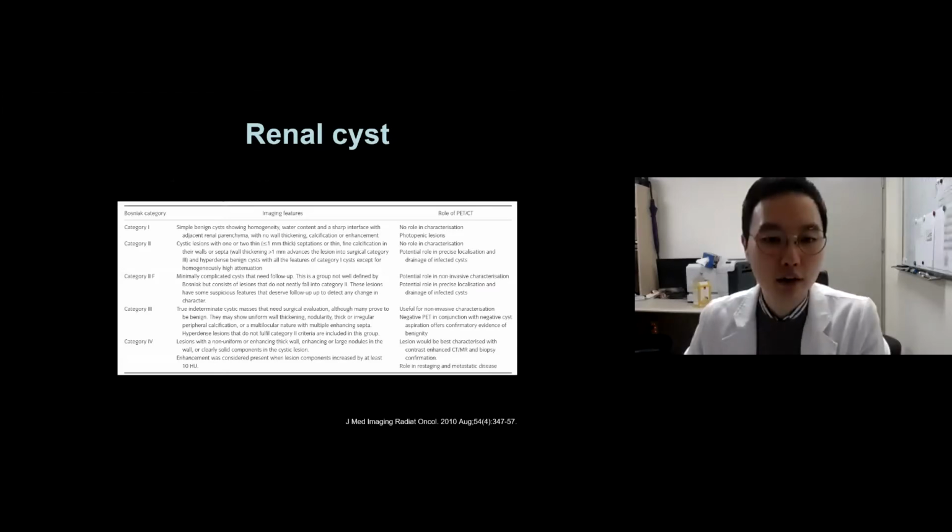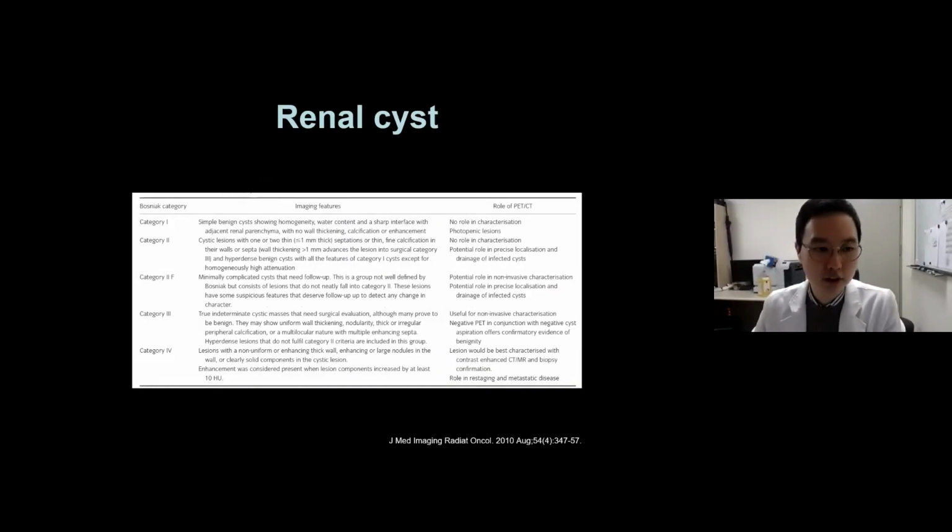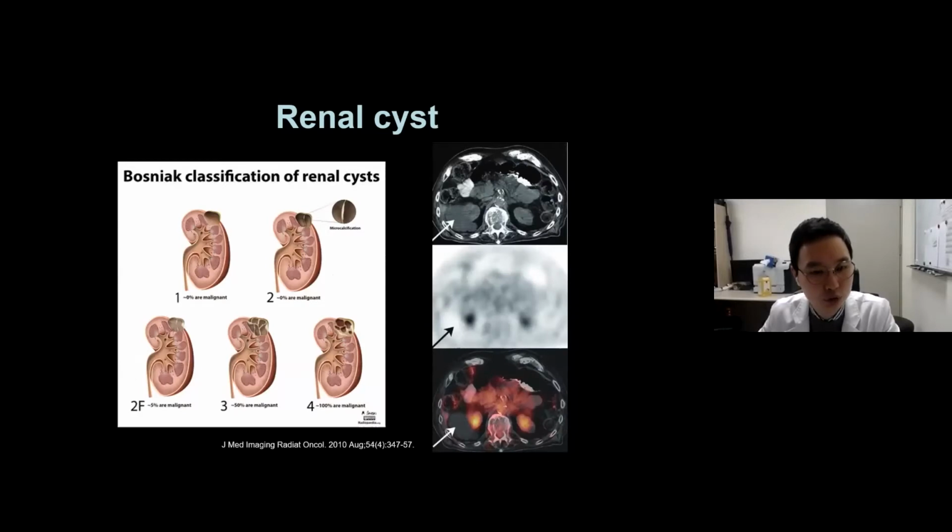Renal cystic lesions are usually classified using the Bosniak criteria, which is an internationally recognized classification. You can refer to these example images for how to do this classification.